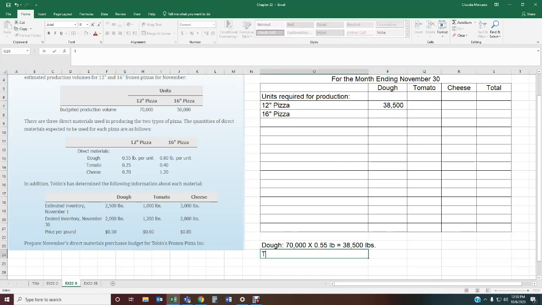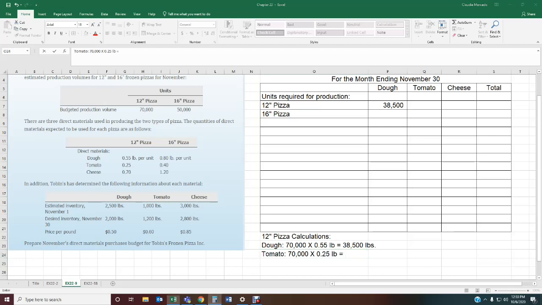Now I'm going to do the tomato. Let me put here the 12-inch pizza calculations. Then we have the tomato. For the tomato, we're going to make 70,000 pizzas, and for every pizza, I'm going to need 0.25 pounds of tomato.